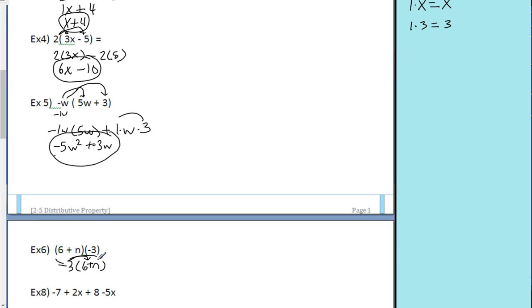This times this, this times this. I'm running out of room, so I'm going to do it here. I'm going to have negative 3 times 6 plus negative 3 times n. Negative 3 times 6 is negative 18 plus negative 3 times n is negative 3n.